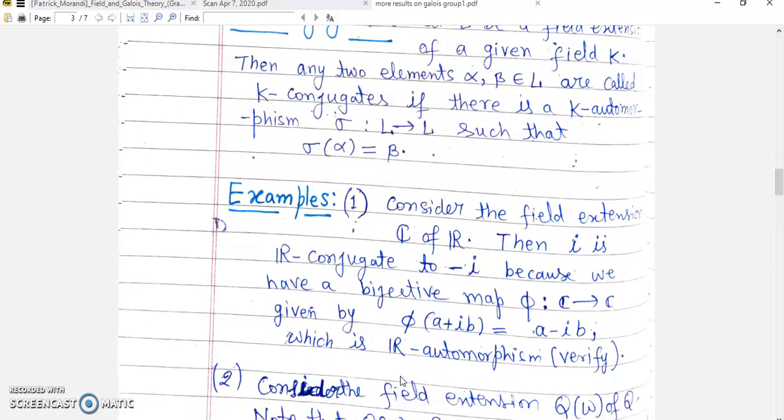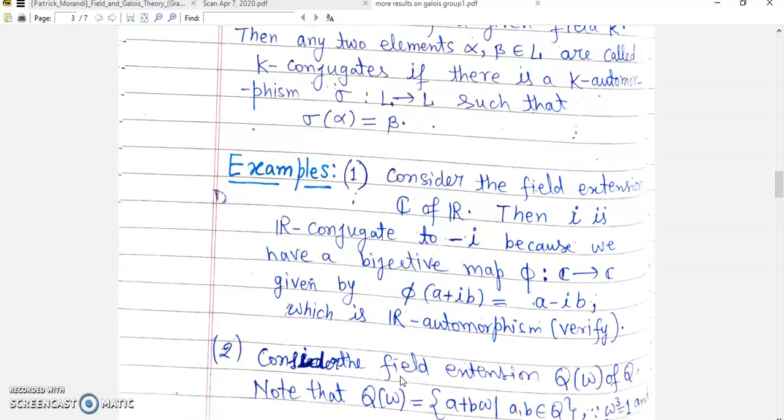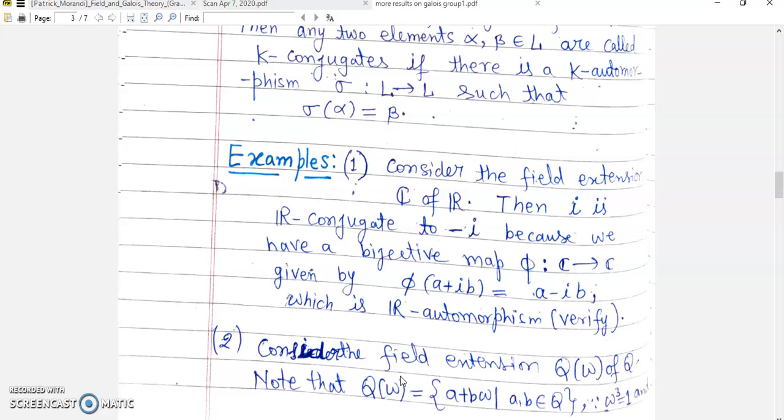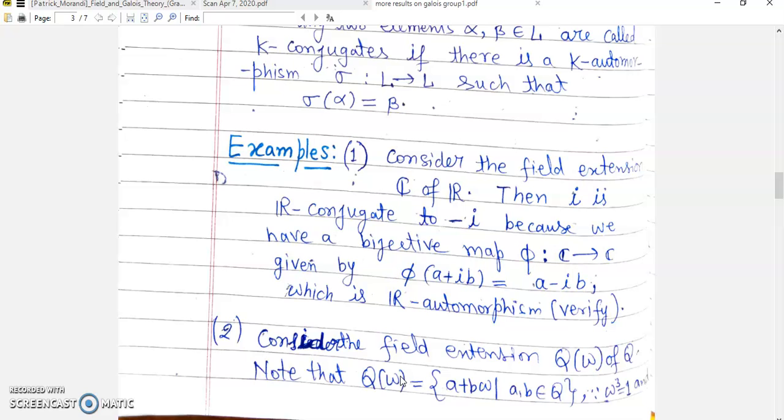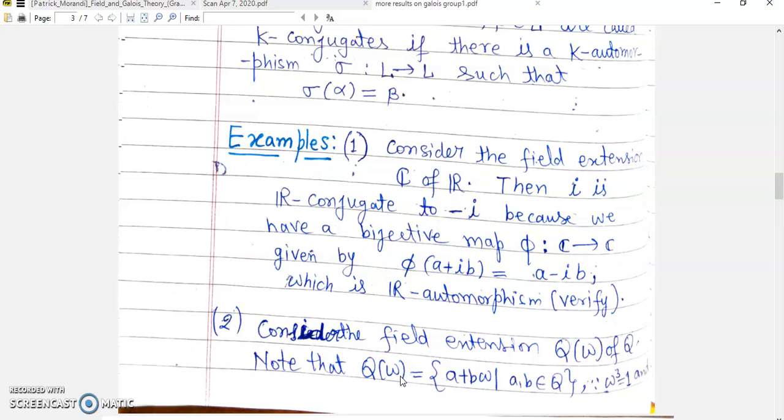Observe that phi, the conjugation map, is an automorphism of C which carries i to minus i. It means i is R-conjugate to minus i.